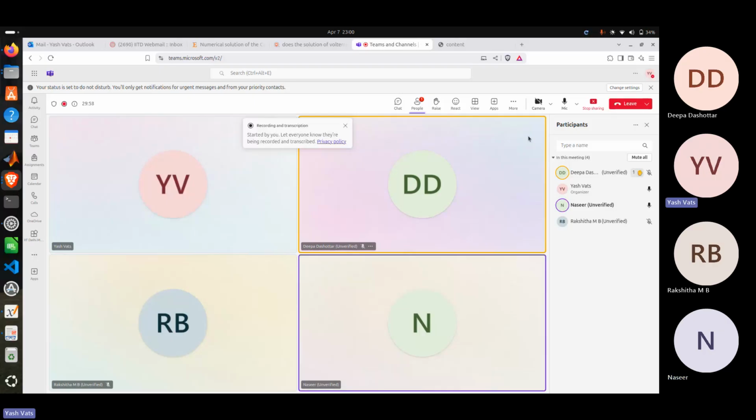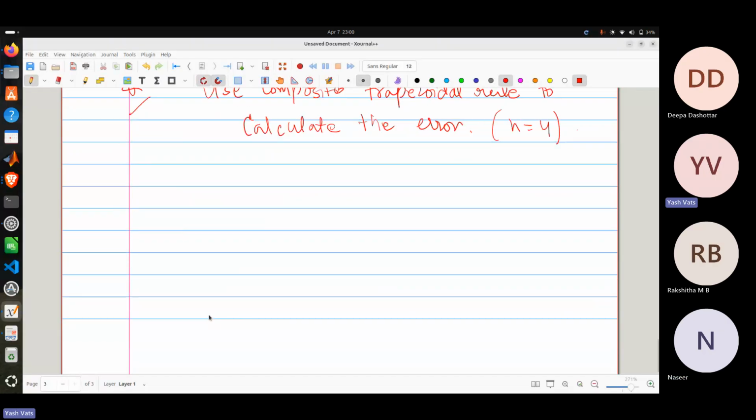Okay. In the assignment, they have given you capital N to be 2n plus 1, right? These are the nodal points. So 2n plus 1 is basically 9 points.